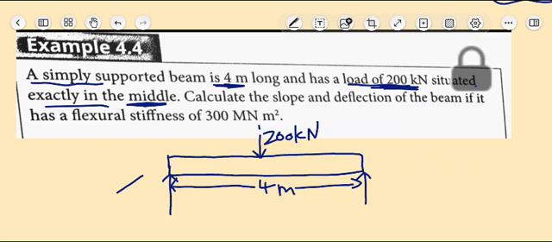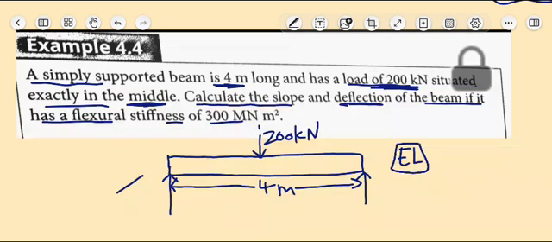Now we are told to calculate the slope and the deflection of the beam if the flexural stiffness is 300 meganewton meter squared. We call this EI our flexural stiffness.